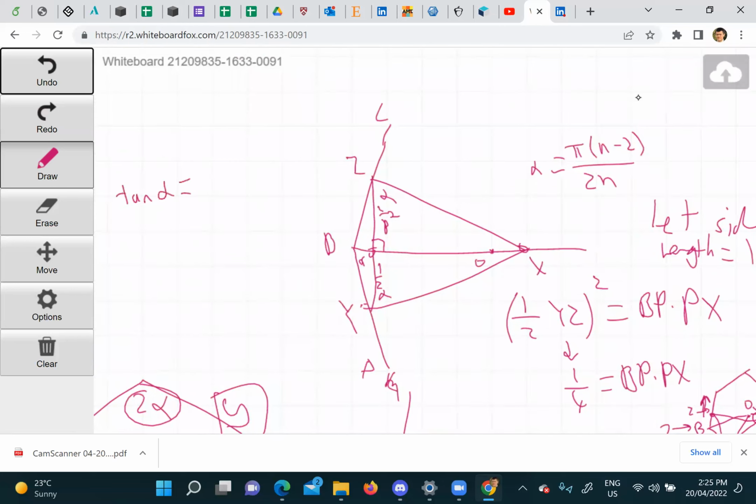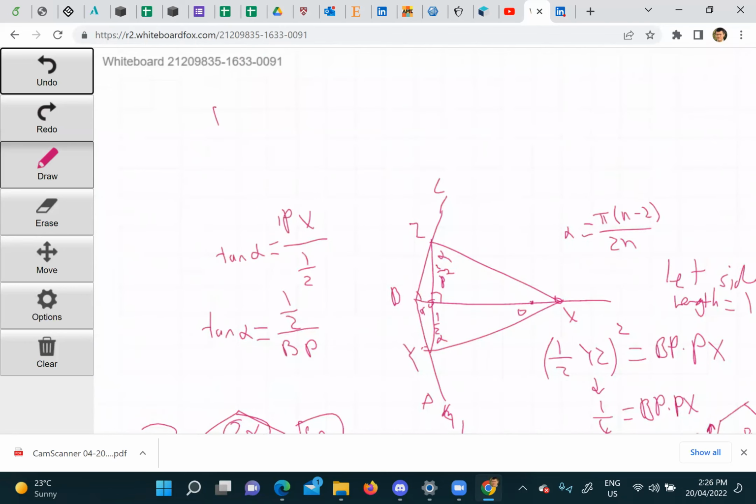Tan alpha equals PX on half, and tan alpha equals half on BP.